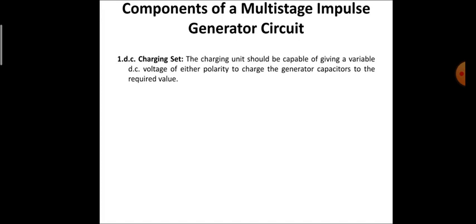These components can be grouped as follows. The first one is the DC charging set. The charging unit should be capable of giving a variable DC voltage of both polarities to charge the generator capacitors to the required value.